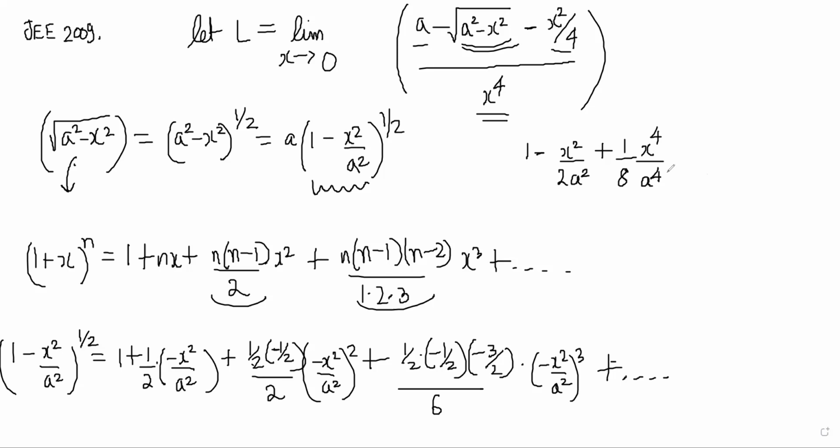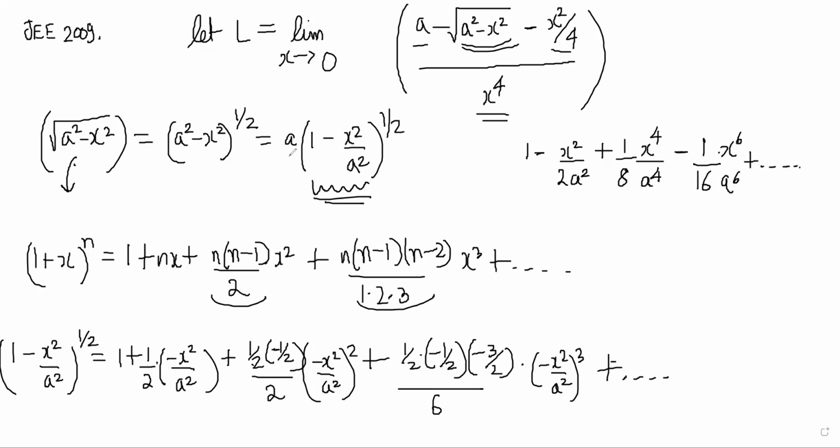The next term is negative, and this is 8 and there is 3 by 6, so 3 by 48, that becomes 1 by 16, and the powers become x power 6 by a power 6. I will not write any further terms.